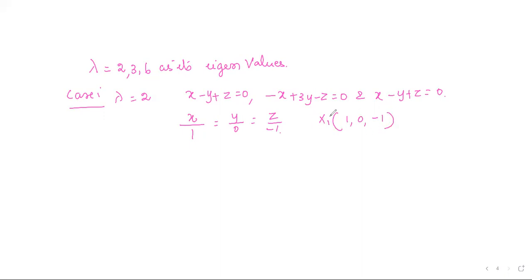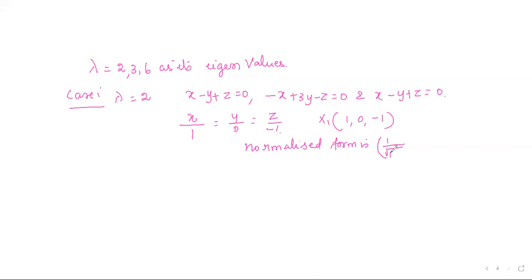And you have to normalize this, the normalized form of x1. The normalized form for x1 is, the first value is 1, and you find out the square of 1 square and 0 square, then minus 1 the whole square.